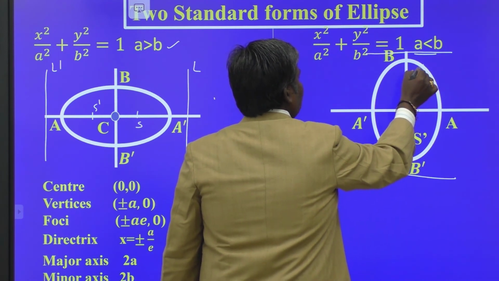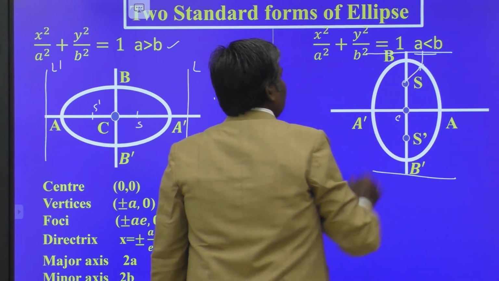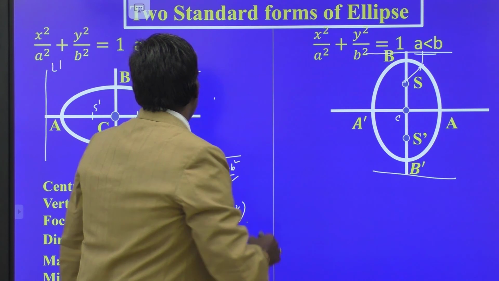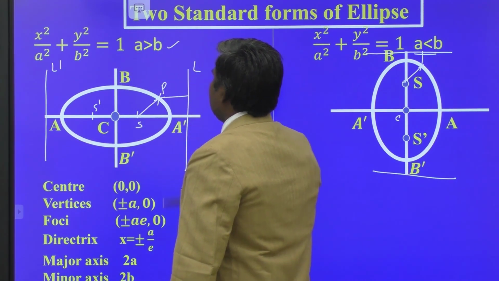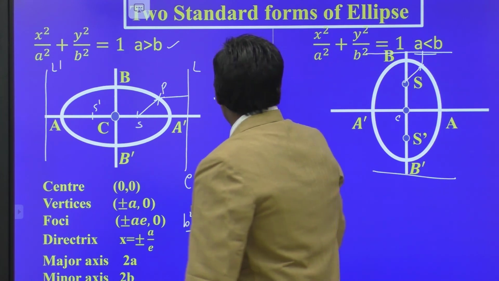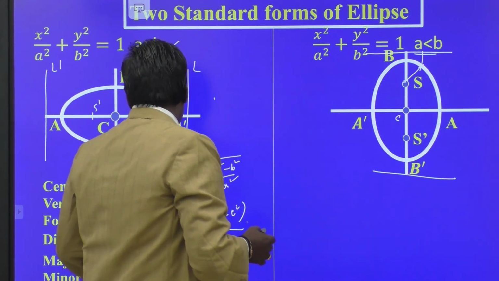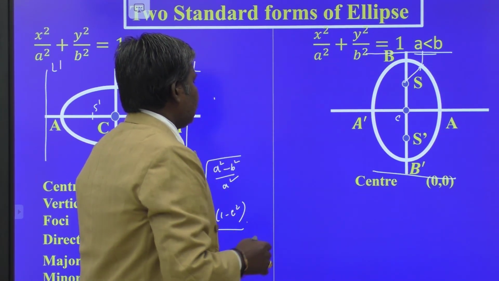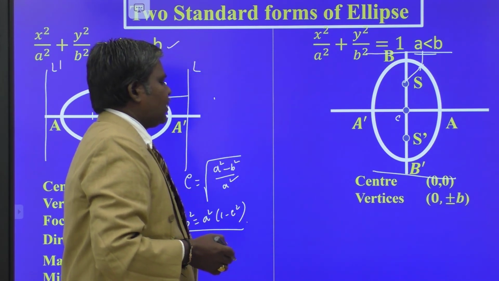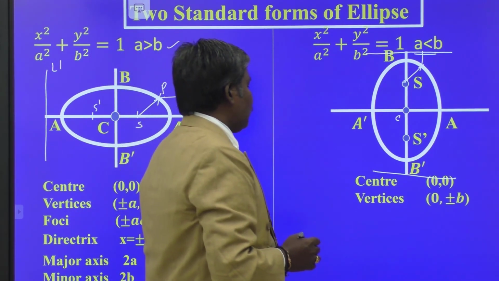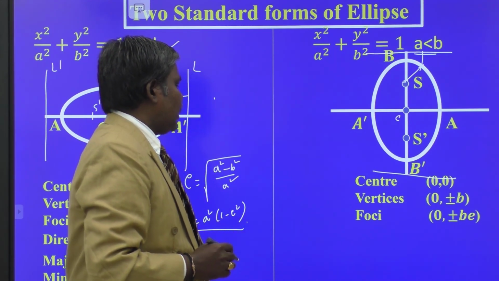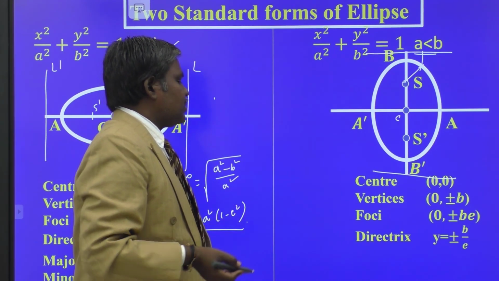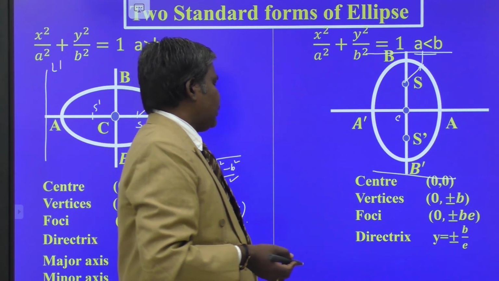We are generating the curve by taking SP by PM equal to e. Here you are taking a general point P. SP by PM is equal to e. Now we write all these things like that. Center is 0, 0, vertices 0, plus or minus b, foci 0, plus or minus be, and directrix y is equal to plus or minus b by e.